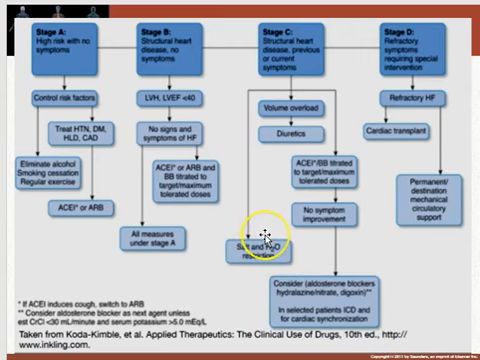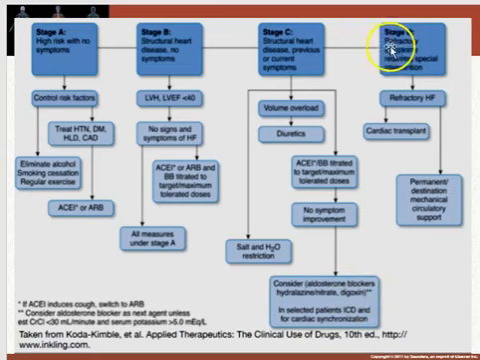Lifestyle modifications have been suggested. They're still on the ACE inhibitor and the beta blocker. If symptoms don't improve, now you'll start to see the addition of an aldosterone antagonist, other vasodilators such as hydralazine or isosorbide dinitrate, and the inclusion in specific patients of digoxin, which we haven't talked about, but we will in a few minutes.